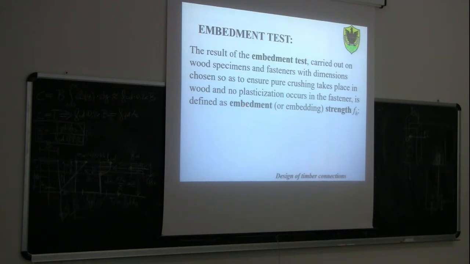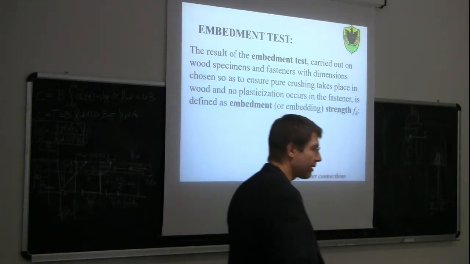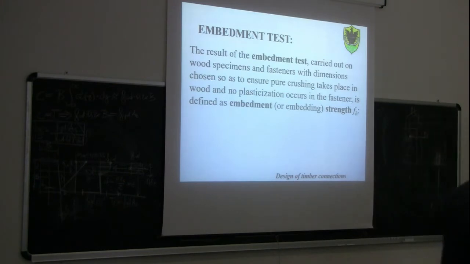In Italian this would be la resistenza al rifollamento, fh. The embedment strength is a property of the entire system. It's not a property of the wood or of the dowel, it's a property of the system made by wood and dowel. Okay?